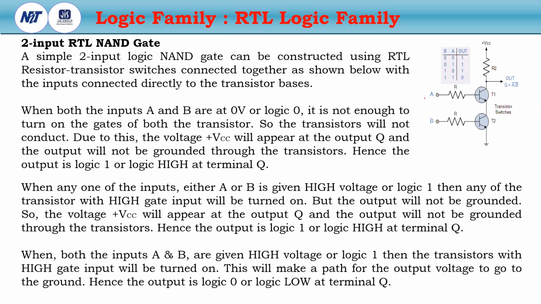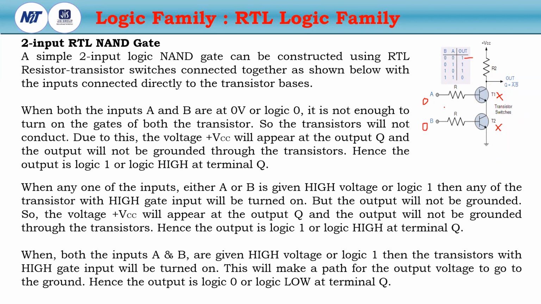Now if this is 0, 0, then what happens? These two are in cutoff, so no current will be produced through R2 due to the open circuit. So the output will be at VCC. Okay.